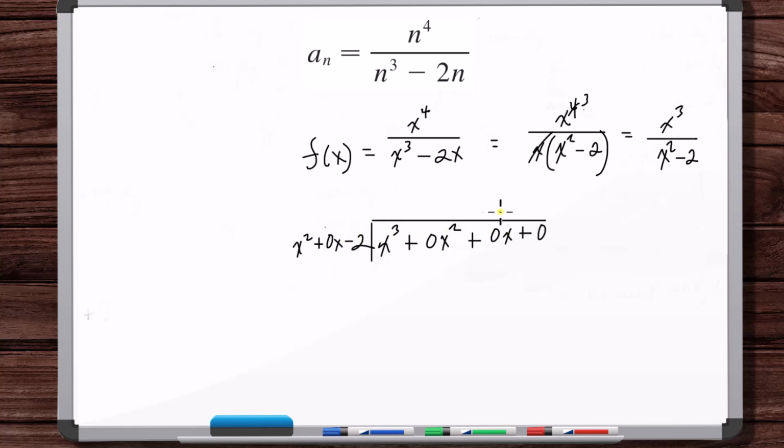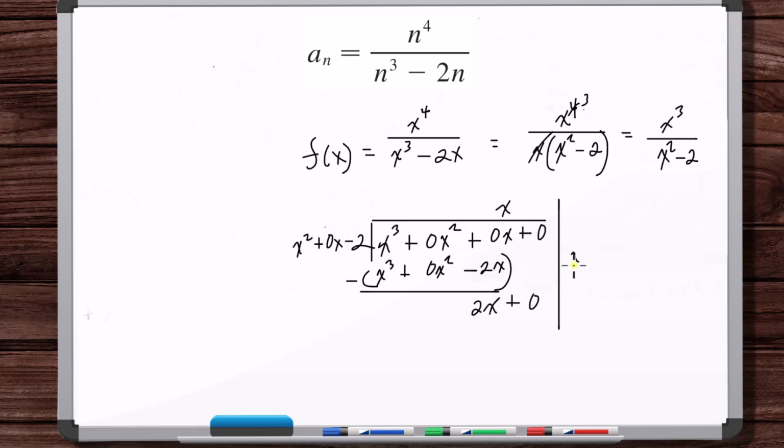x cubed divided by x squared is x. x times the divisor is x cubed plus 0x squared minus 2x. So 0x plus 2x. And now the x to the first is less than x squared, so we're done.